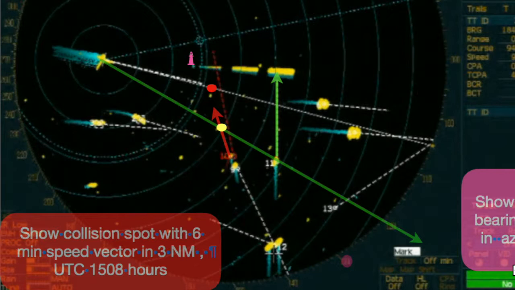Again, own ship needs about 8 minutes to arrive at this yellow spot, but this target needs only about 4 minutes to arrive at this collision spot. This 4-minute difference is our safety margin.